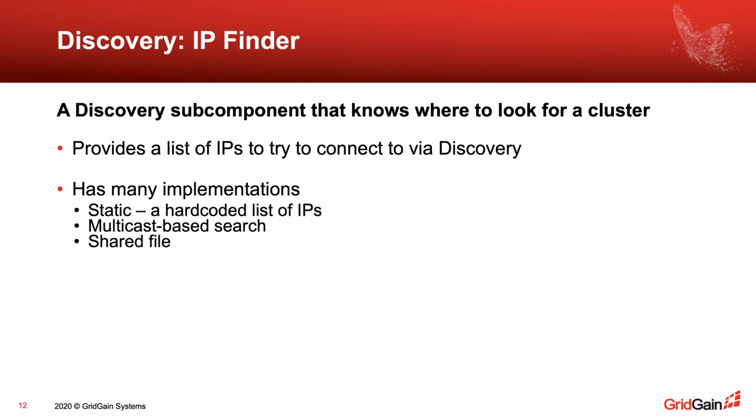Next, there is a shared file implementation, which is rarely used but sometimes useful, which stores all of the IP addresses in the same shared file, which can be updated as the cluster grows.